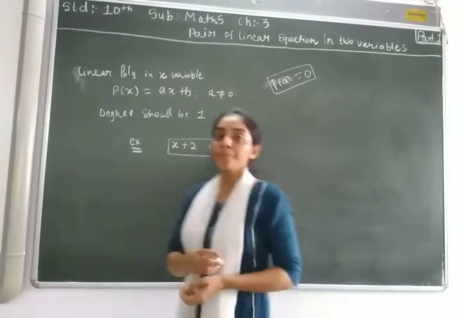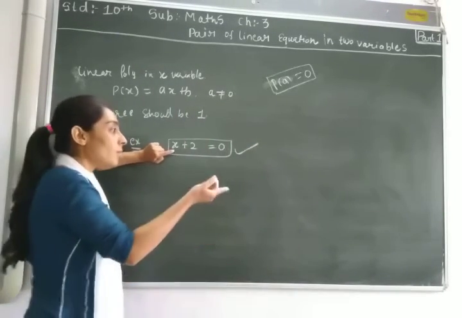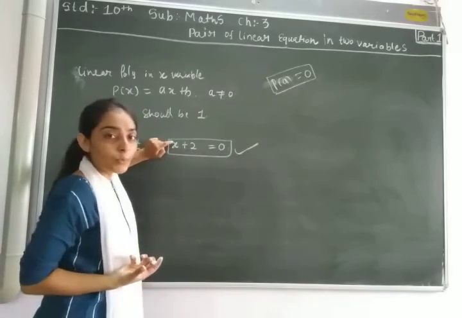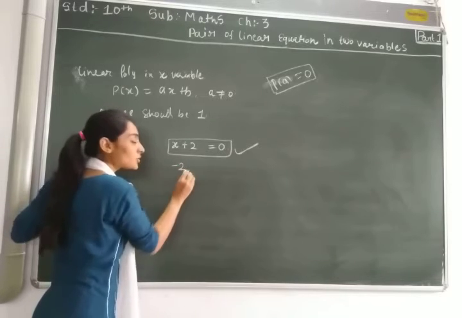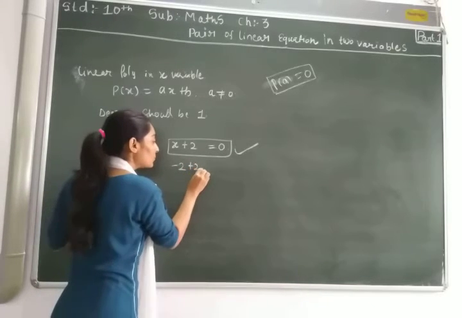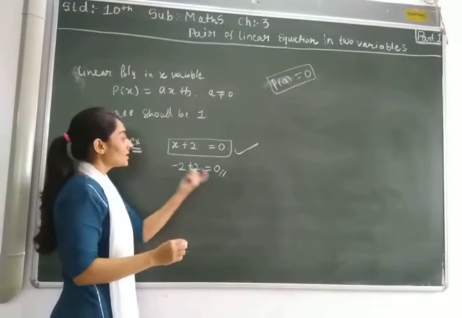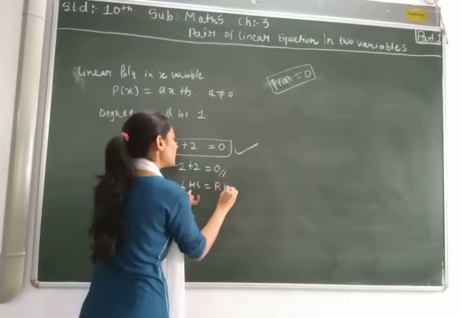Similarly over here, if I replace this x with any value, the resultant value should be equal to 0. So I am taking x equals to minus 2, minus 2 plus 2, I am getting 0. So this one is my left hand side equals to right hand side.